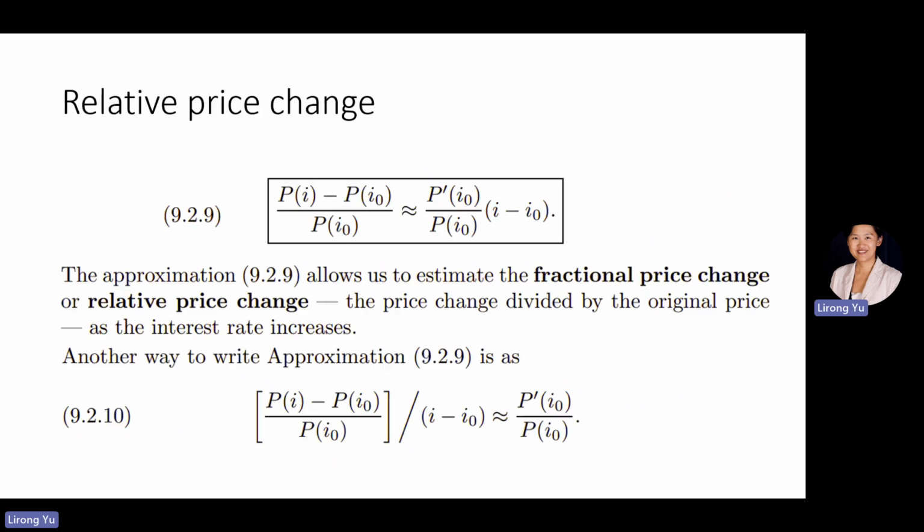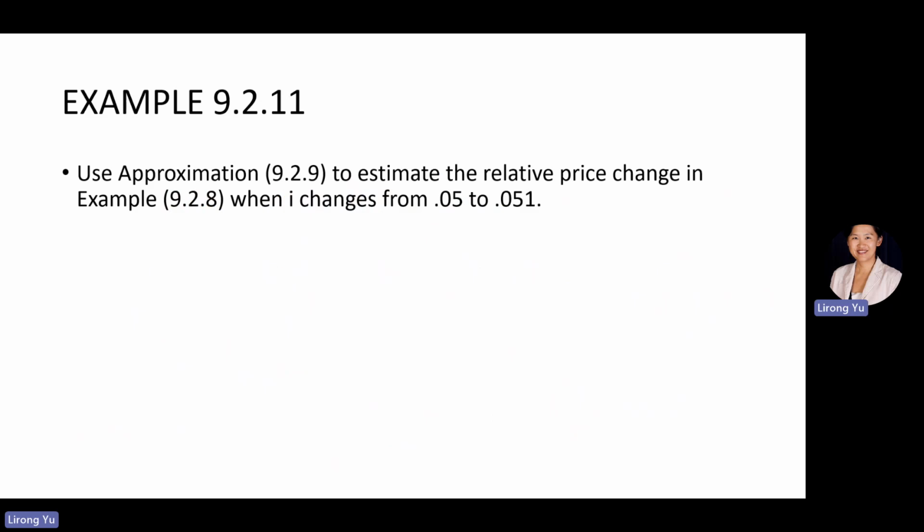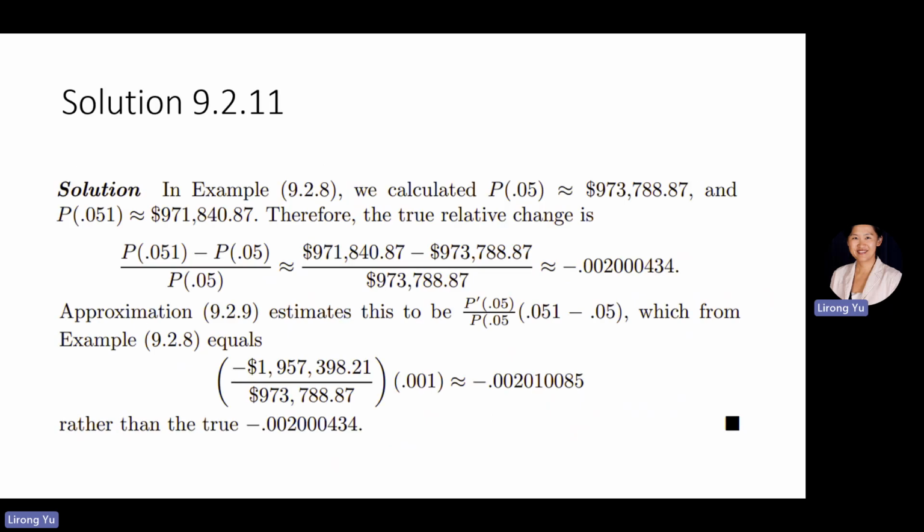So we are going to do the same calculation in the formula of 9.2.9 using the example that we just did. All right, so to calculate the price at 0.051 minus the price at 0.05, divided by the price at 0.05.